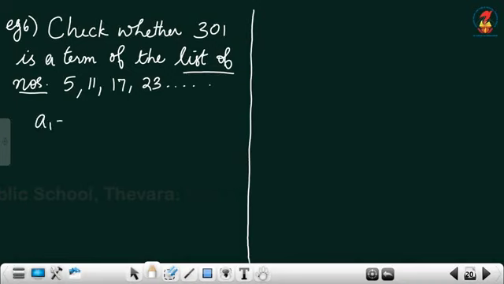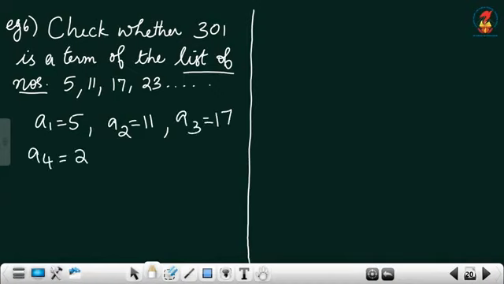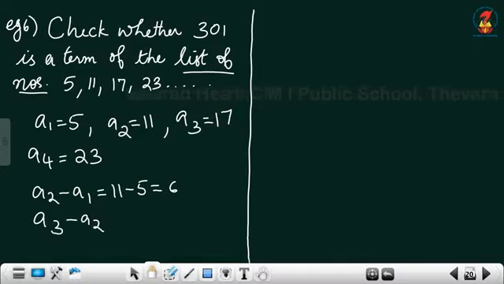So we can take A1 is equal to 5, A2 is equal to 11, A3 is equal to 17, A4 is equal to 23. So we have to prove that the common difference is the same. So A2 minus A1 is equal to 11 minus 5, 6. A3 minus A2 is equal to 17 minus 11, which is again 6.